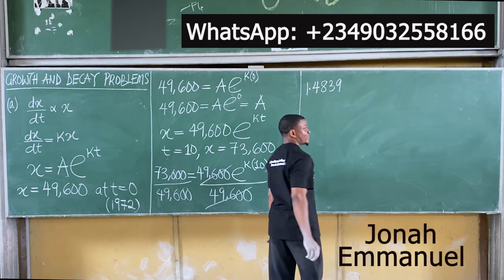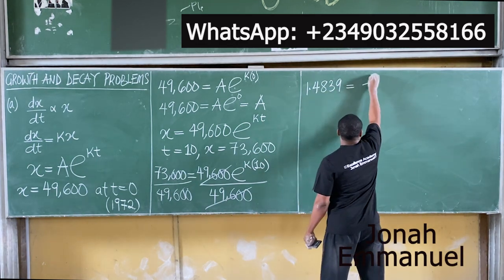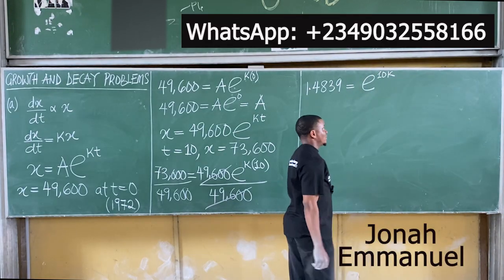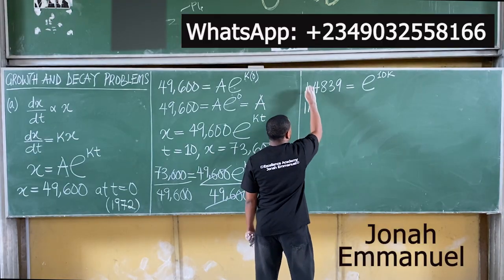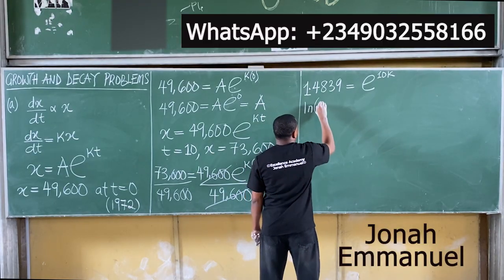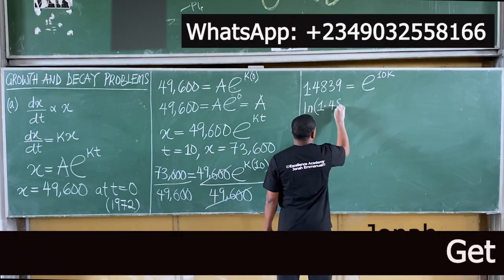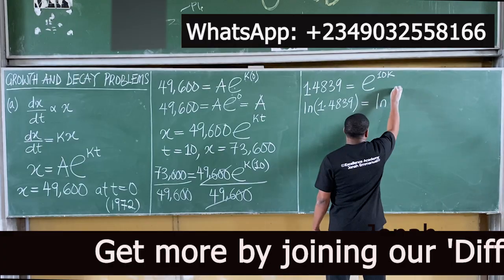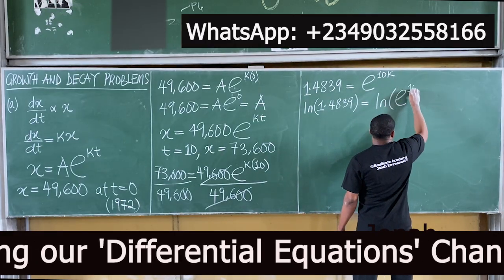1.4839, well approximated, is equal to exponential 10k. Now, to get the value of k, simple: take ln of both sides. So ln of 1.4839 is equal to ln of exponential 10k.